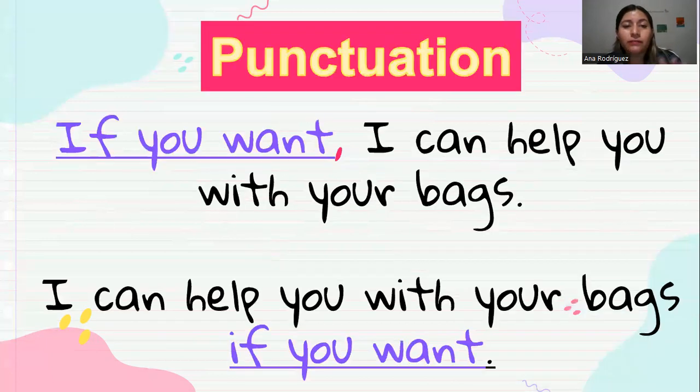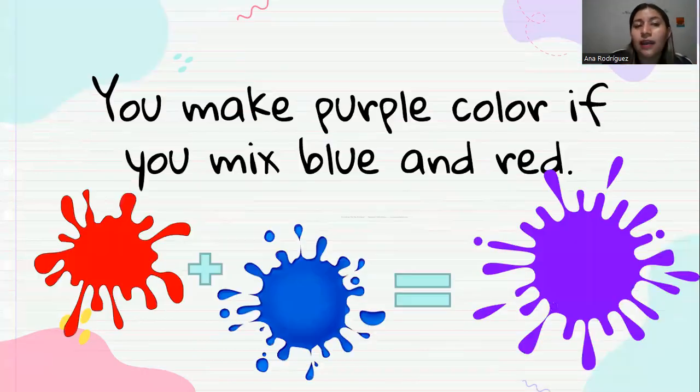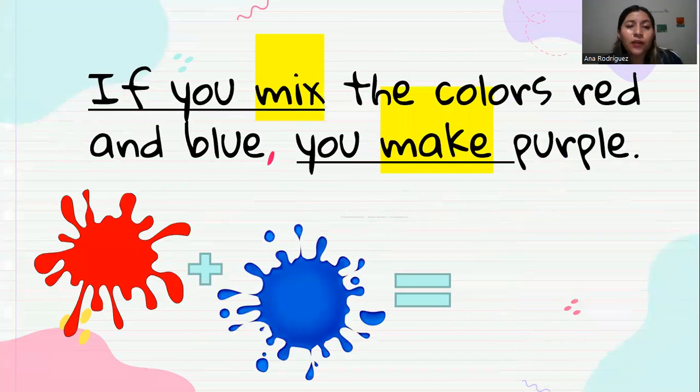So remember, we use zero conditional to talk about what happens in general every time when a condition exists. We can start with the if clause. If you mix, it's underlined.